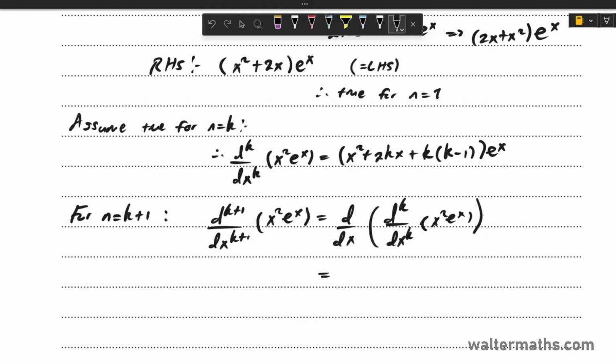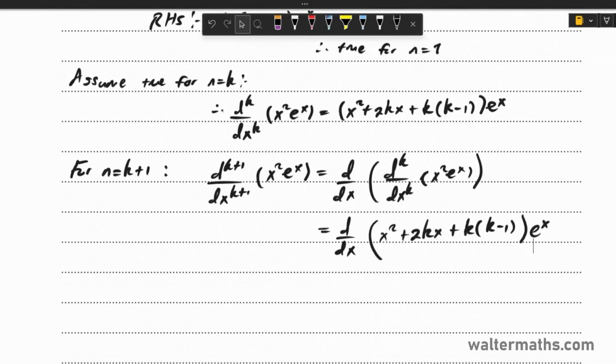Now, we know that d to the k by dx to the k of x squared e to the x, we got that in our assumption as x squared plus 2kx plus k of k minus 1, all of e to the x.